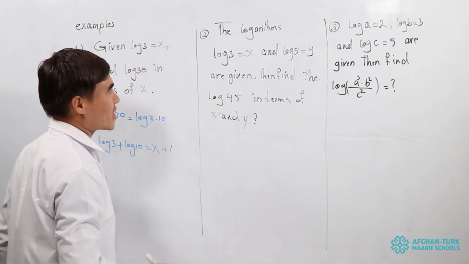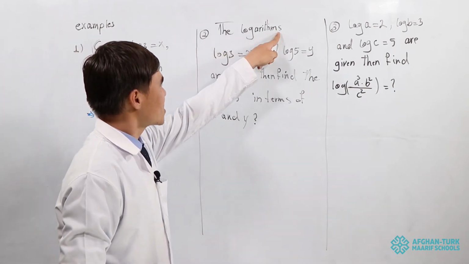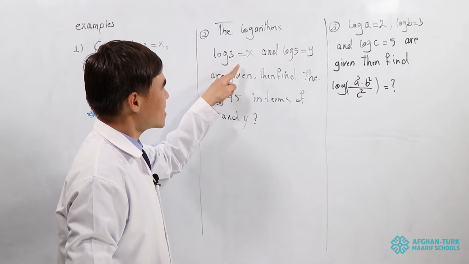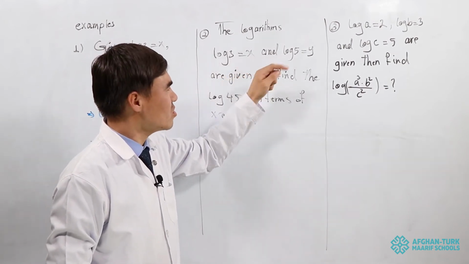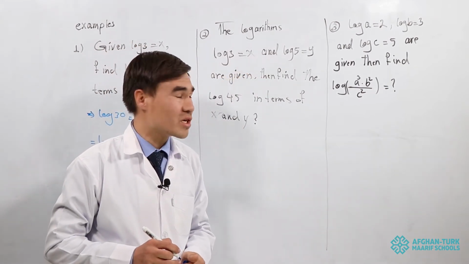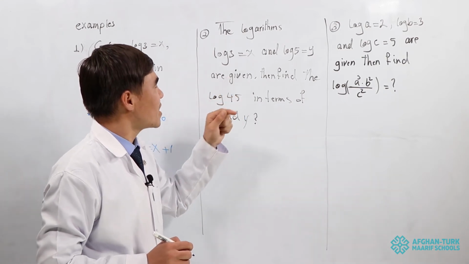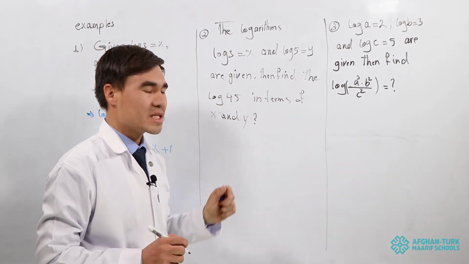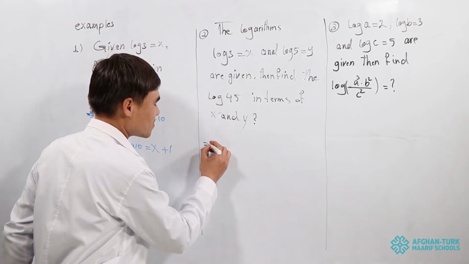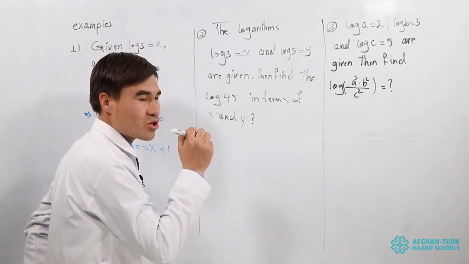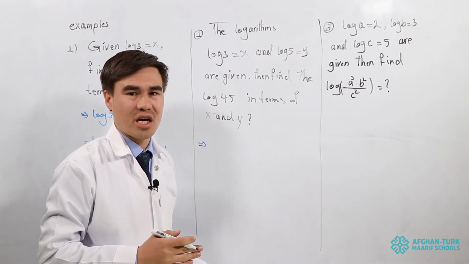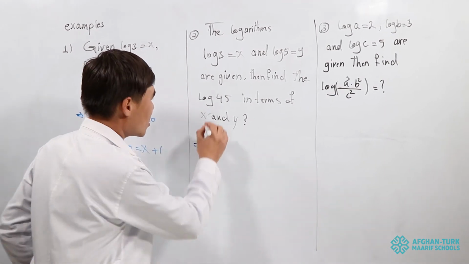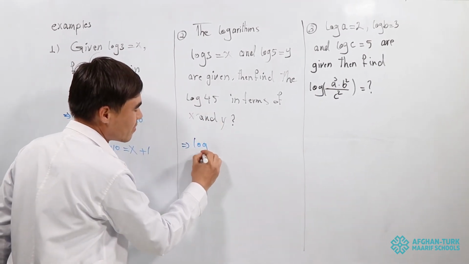Let's check another one. The second one, the logarithms of log 3 to base 10 is equal with the number x and log of 5 to base 10 is equal with the number y are given. Then find the log of 45 in terms of x and y. Let's check this one also. First, to solve these kinds of conditional logarithms, at that time we use this part.